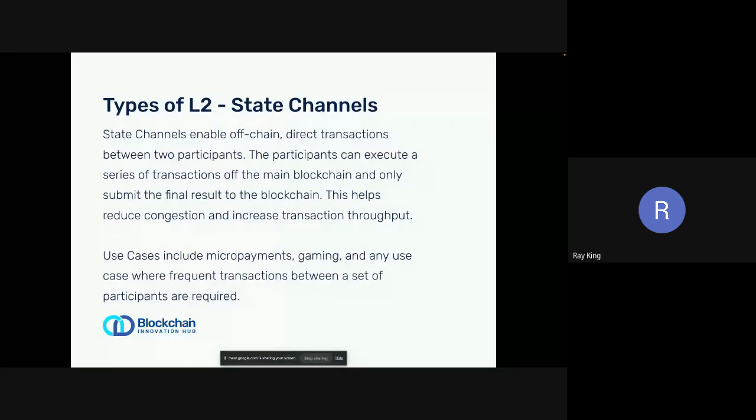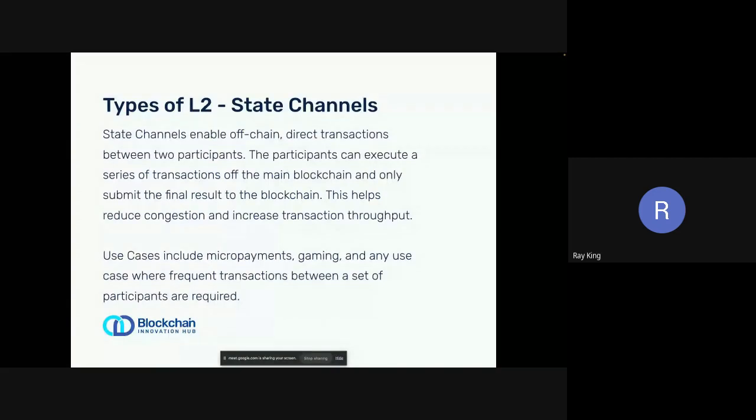Now, for state channels, they enable off-chain direct transactions between two participants. The participants can execute a series of transactions off the main blockchain and only submit the final result to the blockchain. This helps reduce congestion and increase transaction throughput. Use cases include micropayments, gaming, and any use case where frequent transactions between a set of participants are required.